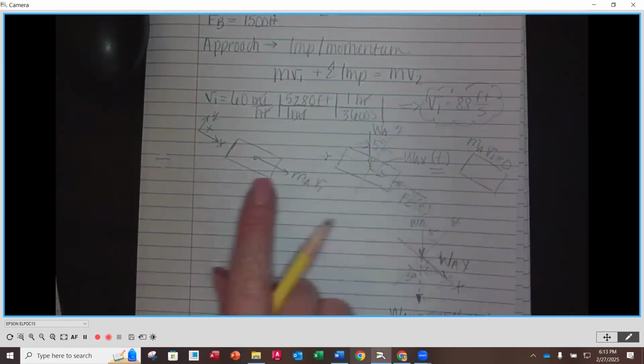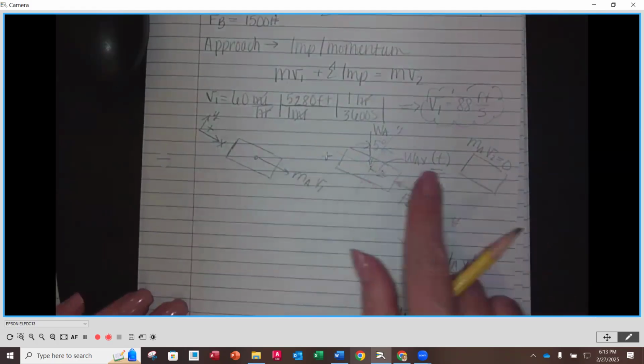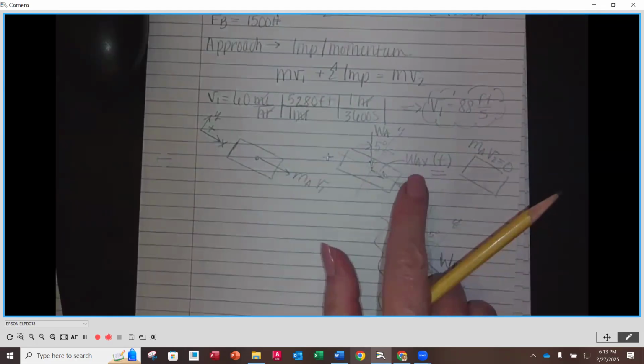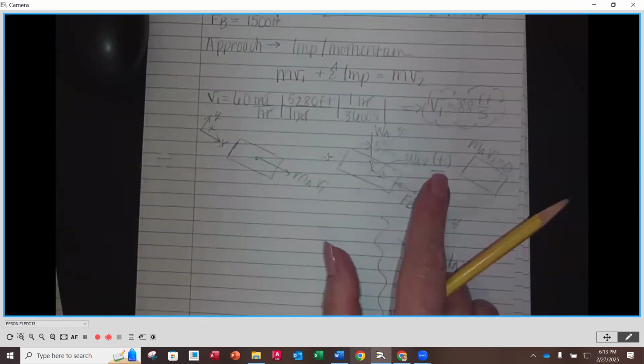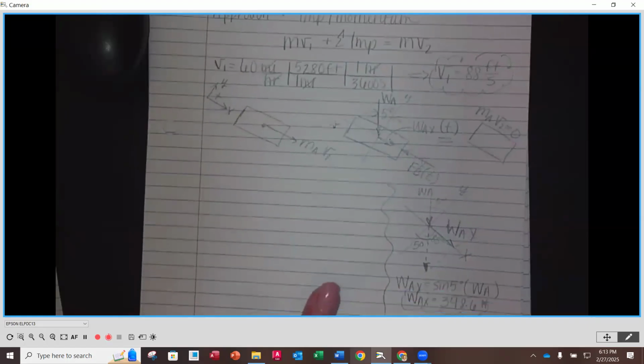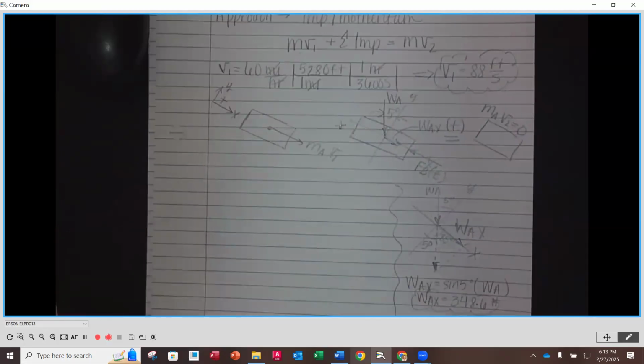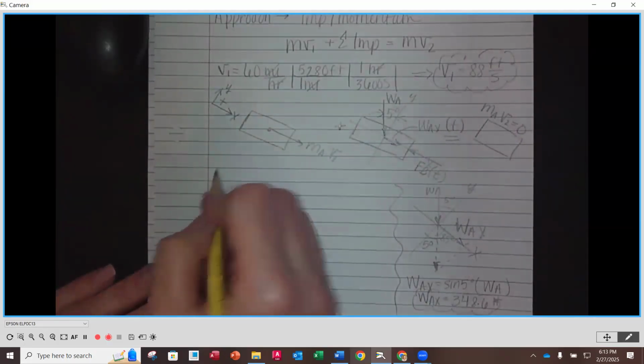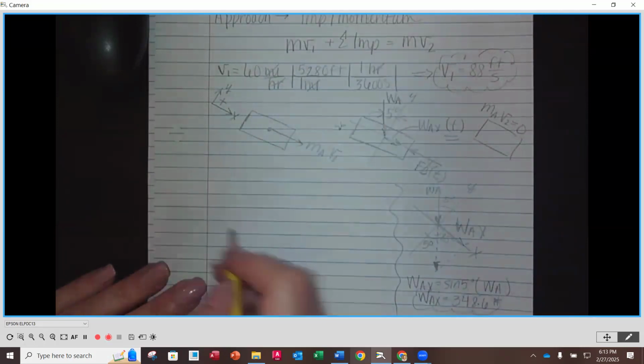So what we're going to do is take what we have here and put our numbers in, right? Any questions so far about the diagram or how we got the weight of the automobile X component here? Okay, all right. So we are going to take this equation up here and expand it out.